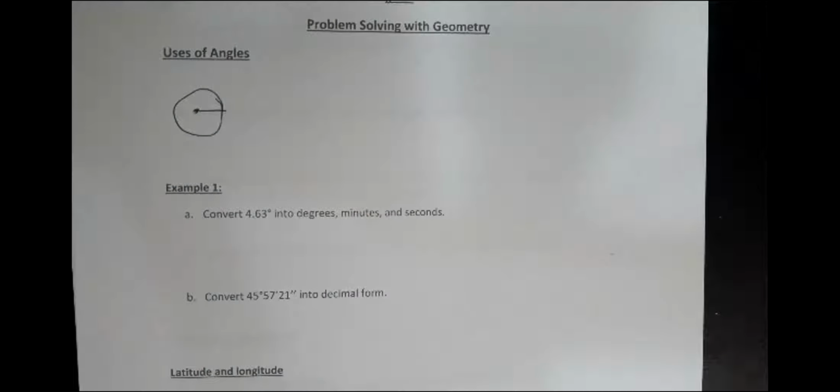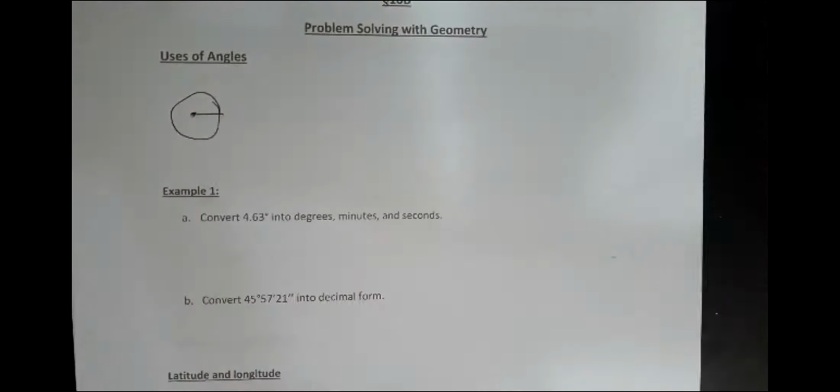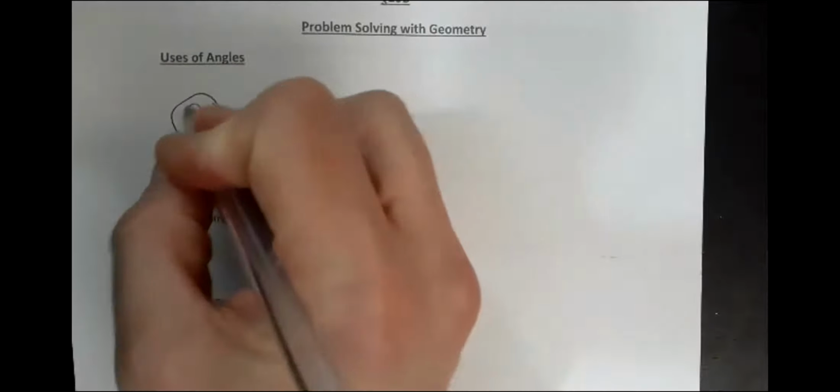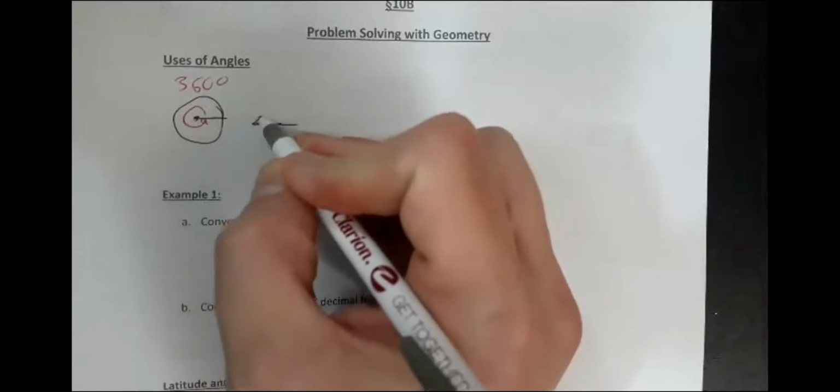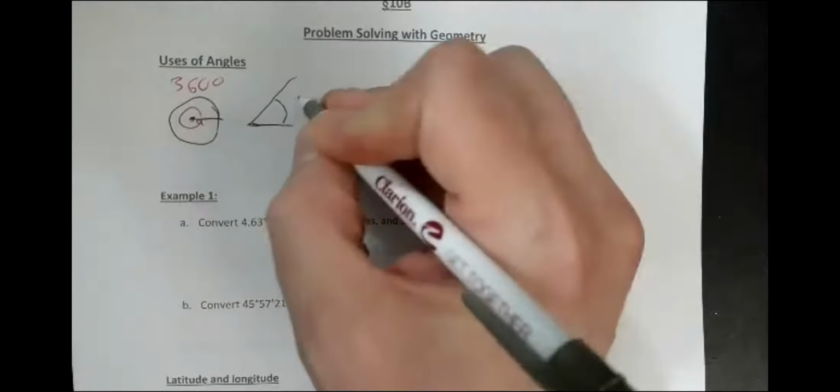But if we have a circle, what we're essentially doing is we're dividing this entire circle up into 360 degrees. And so I'm going to use a little magnifying glass. So if I want to go right here, and I'm going to blow it up a little bit, this is just 1 degree.